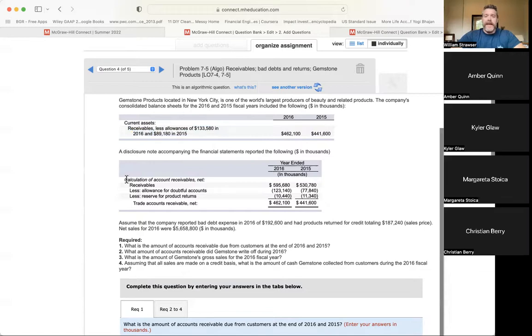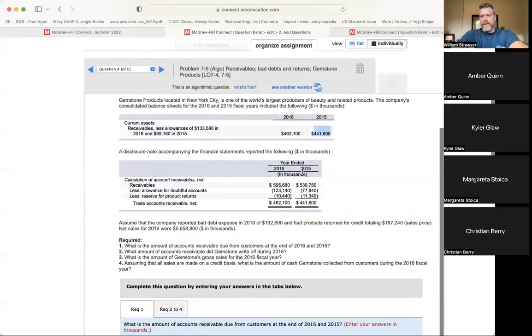We have some additional information, and in fact, this disclosure note goes so far as to give you that reconciliation. It shows that we started in 2015 with $530,780 of receivables, and we subtracted off an allowance for doubtful accounts of $77,840 and a reserve for returns of $11,340. This resulted in $441,600, which is the amount presented in the balance sheet.